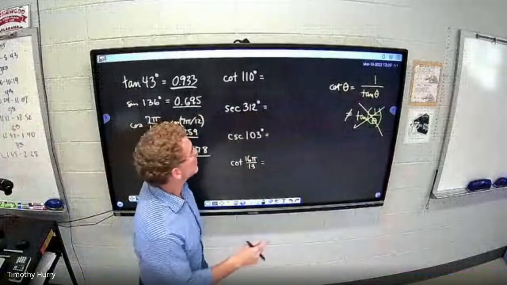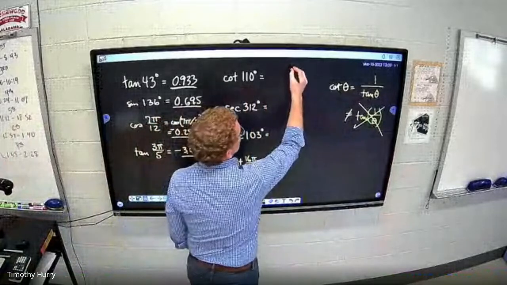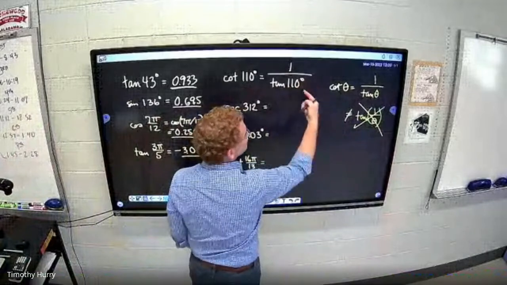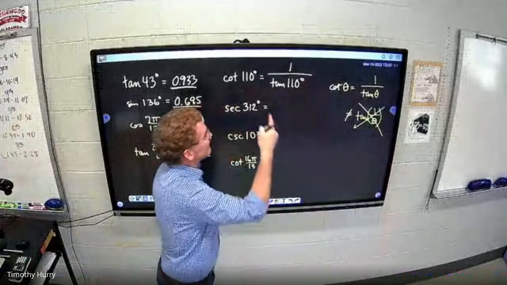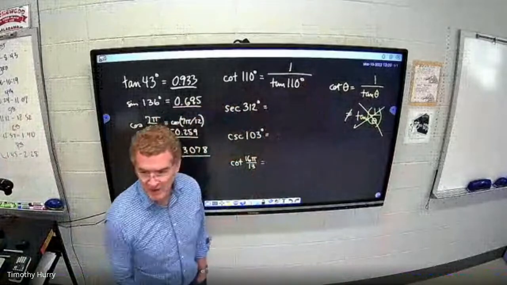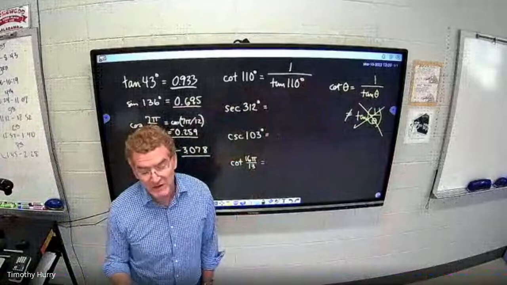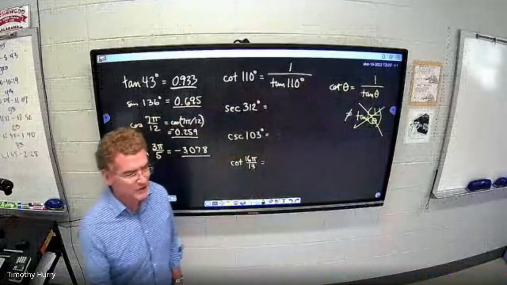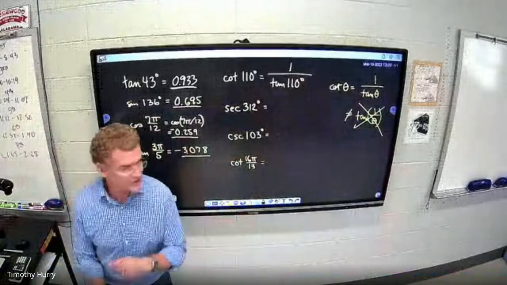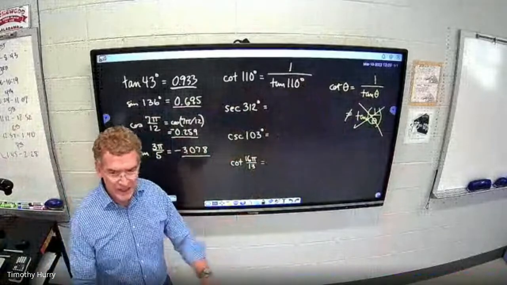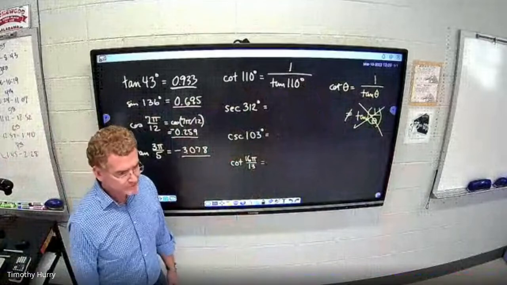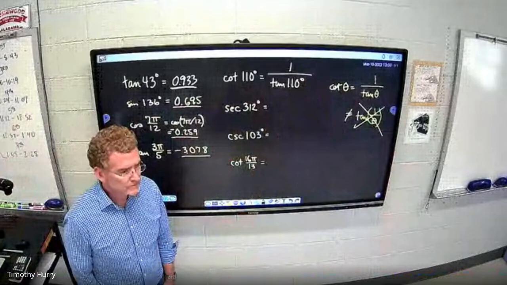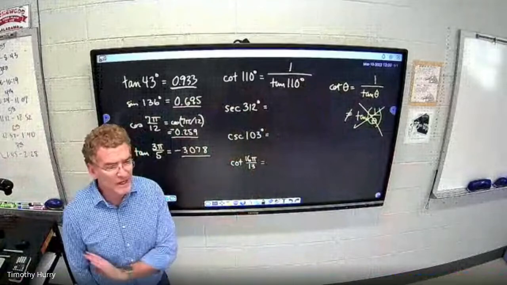You can, though, say that this is the same thing as 1 over the tangent of 110. Now I'm going to have to go back to degrees, but if I do that, it will spit out the correct value. And you're like, well, that's not that hard. You're right, it's not, but it's so much easier in the future when I'm dealing with cotangent to just go cotangent 110, done.